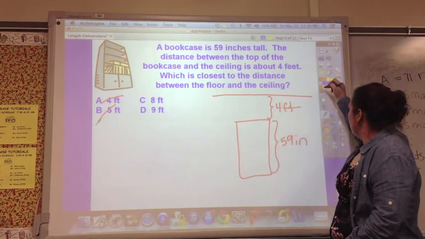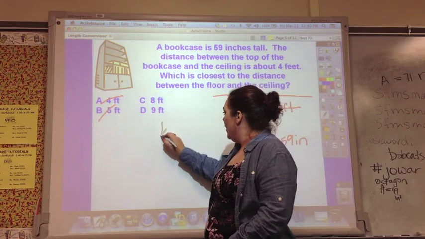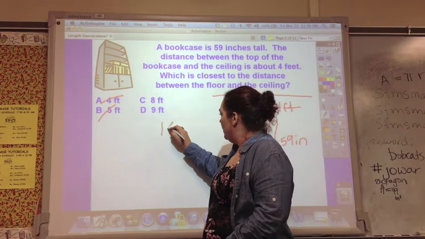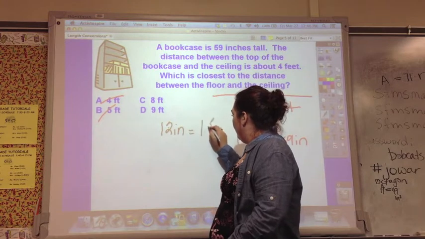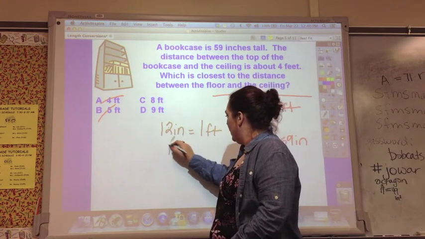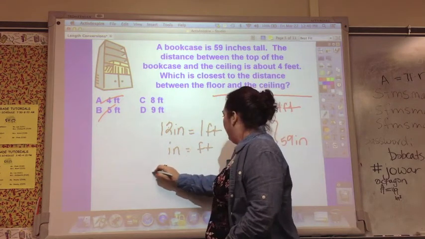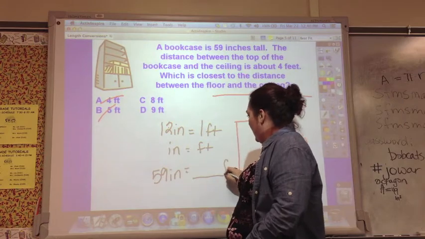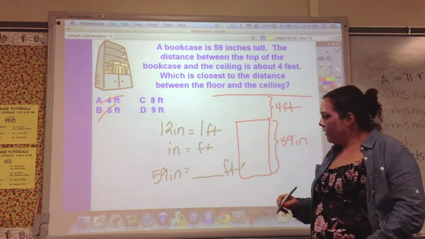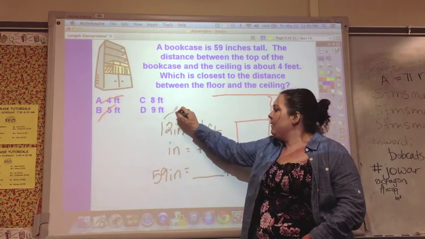Well, let's do our conversion chart to look at it. So we've got 12 inches equals 1 foot. So we've got inches to feet, and we have 59 inches. How many feet? So to get from 12 to 1, we've got to divide by 12.